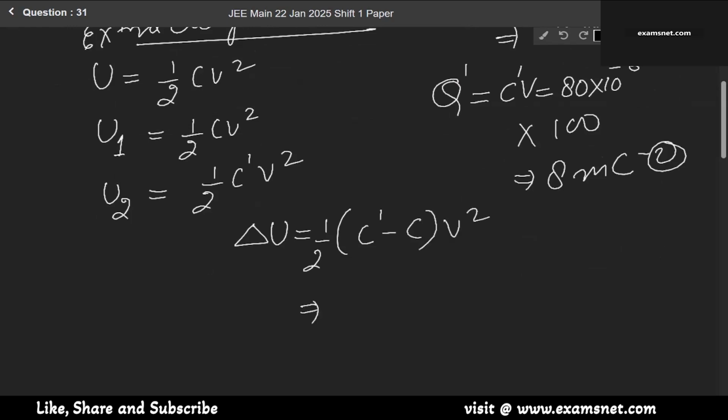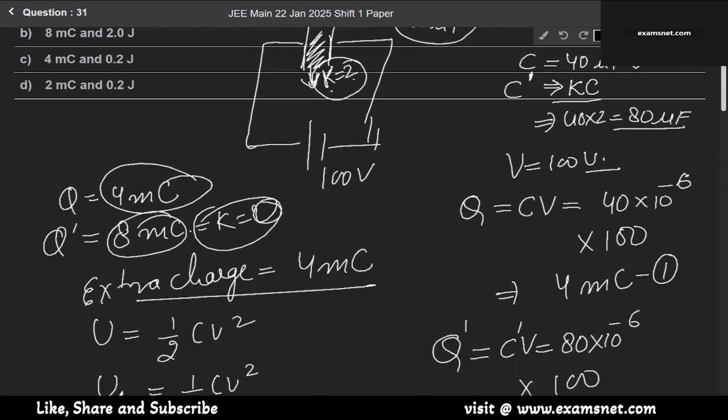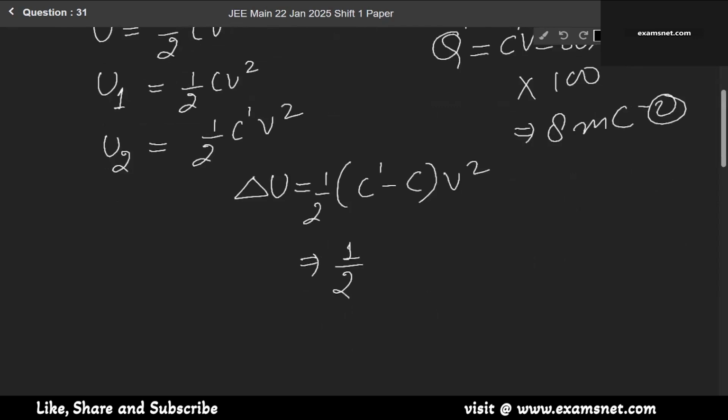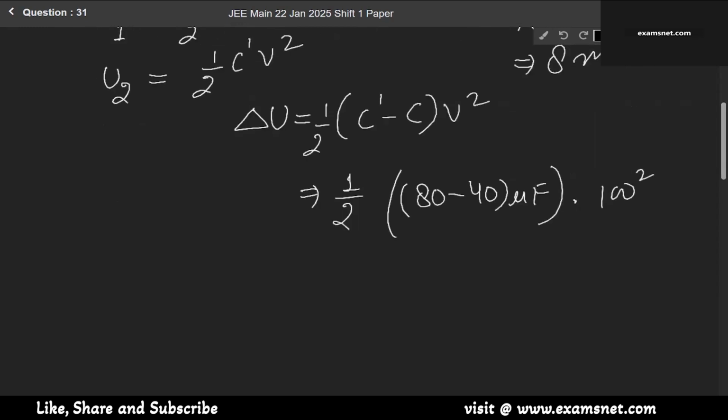So solving it, we get half into C dash minus C, where C dash is 80 microfarad and C is 40 microfarad. So it will be half into 80 minus 40 microfarad, into V square. V is given as 100, so 100 square. So solving it, we get half into 40 microfarad into 100 square.